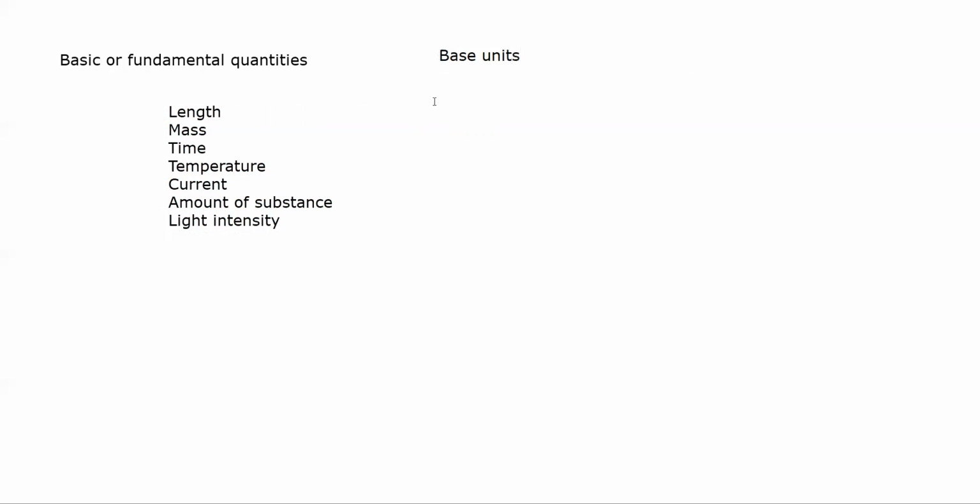For length, it is meter. For mass, it is kilogram. For time, it is second. For temperature, it is Kelvin. Amount of substance is ampere. By mistake, current is ampere. Amount of substance is mole.